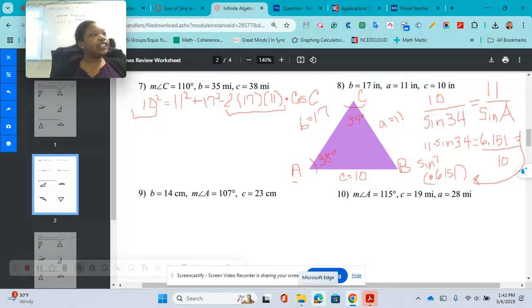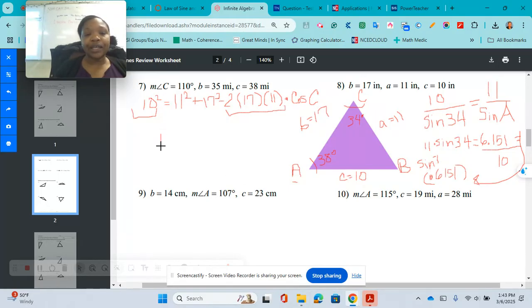Now, what is the easiest way to get that last angle? Excellent. Add it up and subtract from 180, because we know all triangles add up to 180.